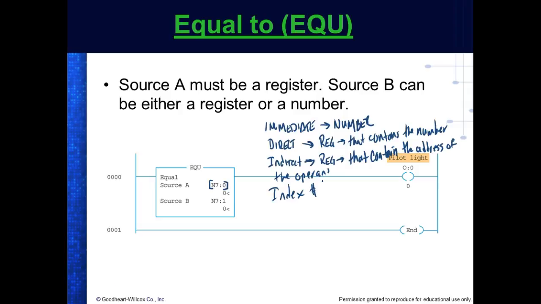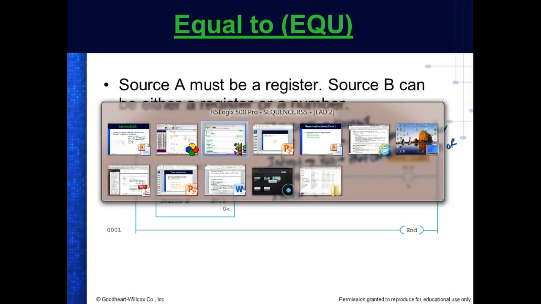Before I go too far down this path, of course, we could probably look it up in the manual. They don't talk about addressing modes. I know it's in here, I just don't know where.